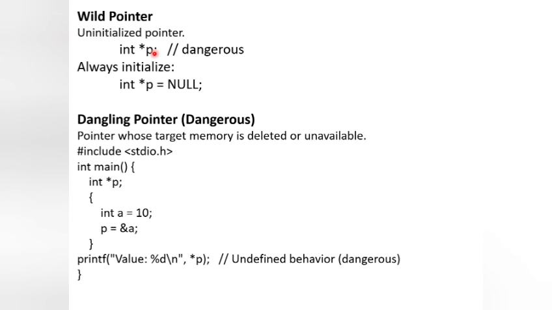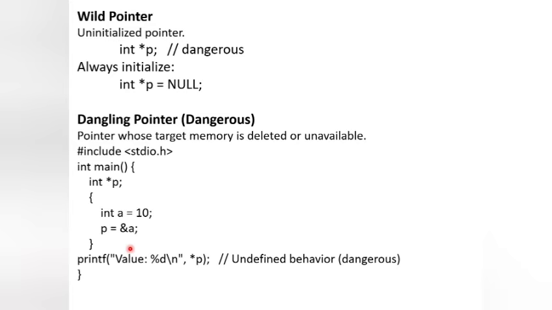The last type of pointer is the dangling pointer. It is more dangerous than a wild pointer. A wild pointer is a pointer not initialized to any location. But what is a dangling pointer? It will be initialized. We are initializing a pointer with some variable, but that variable is not available at all. It is referring to some location, but that location does not exist.